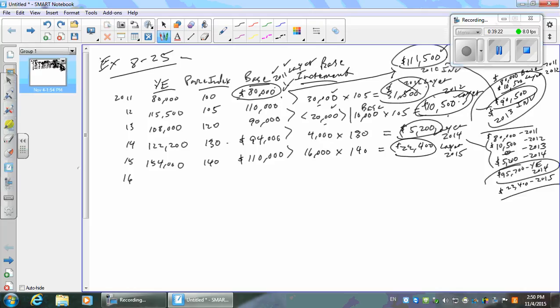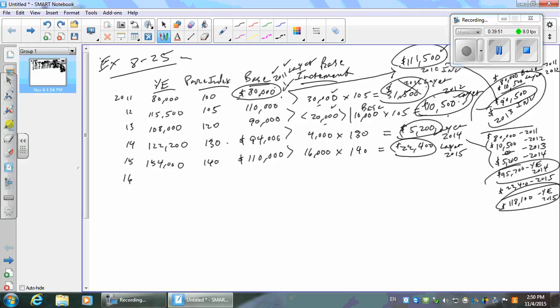So you can just add it to what you have. If you don't deplete, you can just add it to your inventory. If you deplete, you got to redo it. So where are we at then? 95.7 plus 22.4 is what for 2015? 118.1. 118,100. Okay. Just to ask one more time, when you deplete, make sure you leave out that year, so you don't do what we did. Yeah, wipe it out.